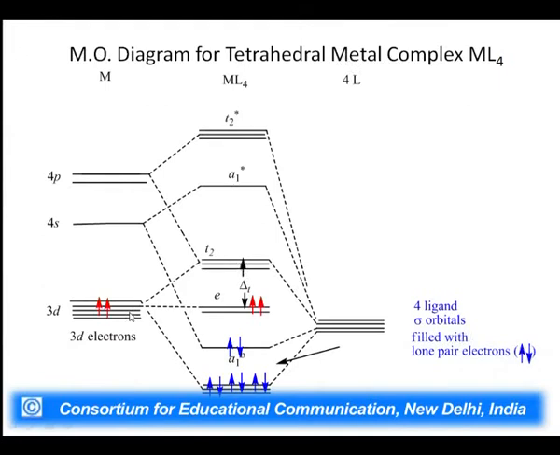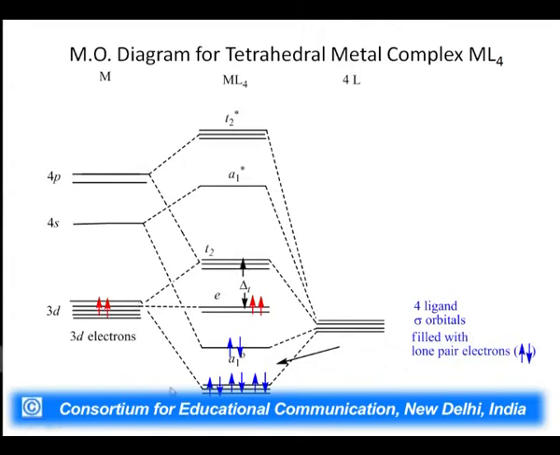Since it is a reverse case, in a tetrahedral situation we have already noticed that it is the E set of orbitals, that is dx square minus y square and dz square, which are along the axes, and they are not going to be directly faced by the ligand's electron density. So they'll remain unperturbed. So here E is going to form a non-bonding set of orbitals, which is doubly degenerate, not triply degenerate as it was in the octahedral complex. Whereas the other 3 of the d orbitals are going to form the bonding and the antibonding situation.